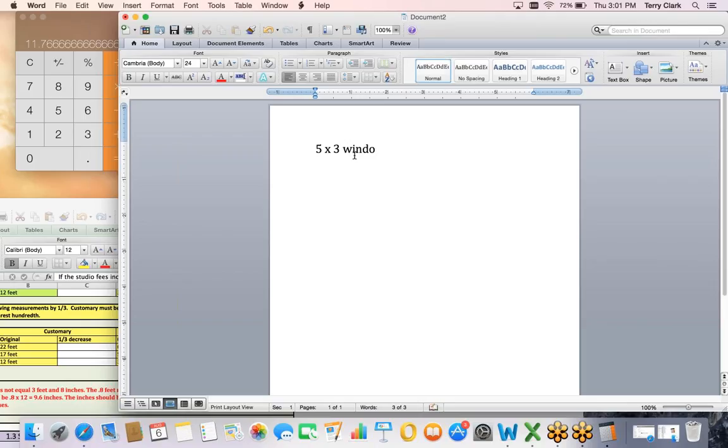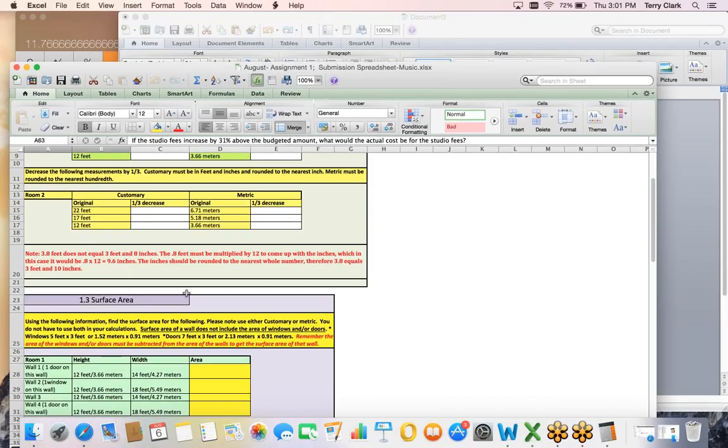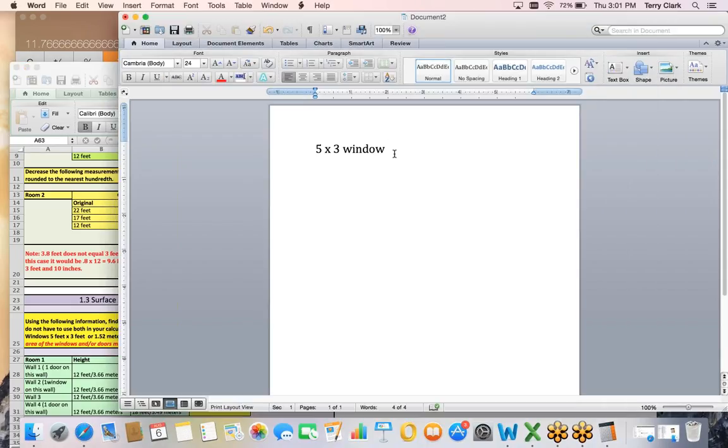Window. And a door can be 7 by 3 feet. And so we've got doors of 7 by 3 feet for doors.